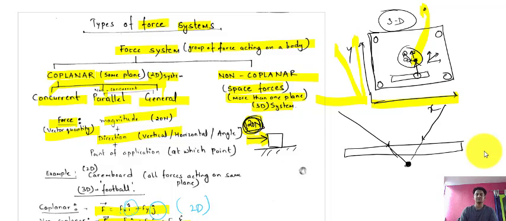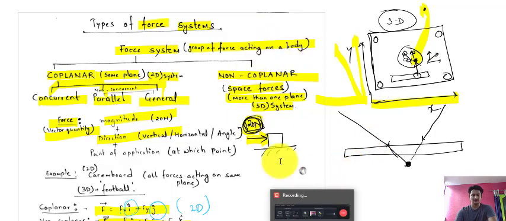This type of force system is known as a coplanar force system, when all the forces are acting in the same plane. Okay, and when this coin gets lifted upwards or is moving out of the board, that is, having some height also, it will be moving in x direction, y direction, z direction. So that is the 3D system. When you are talking about that, it is known as a non-coplanar force system. So this is all about the types of force system.